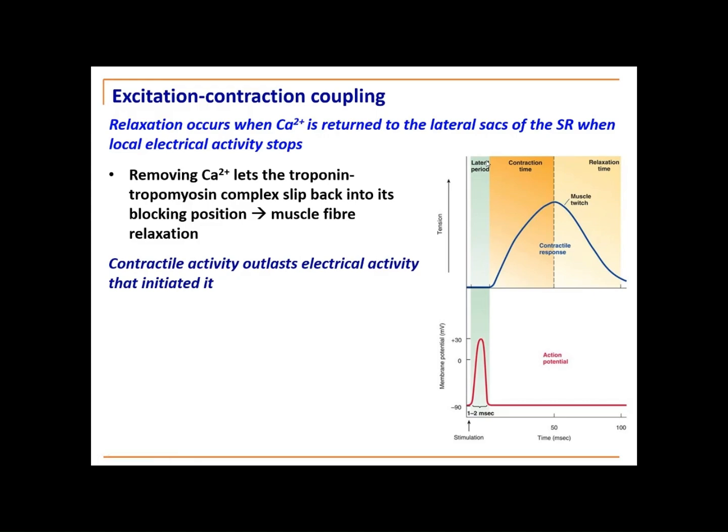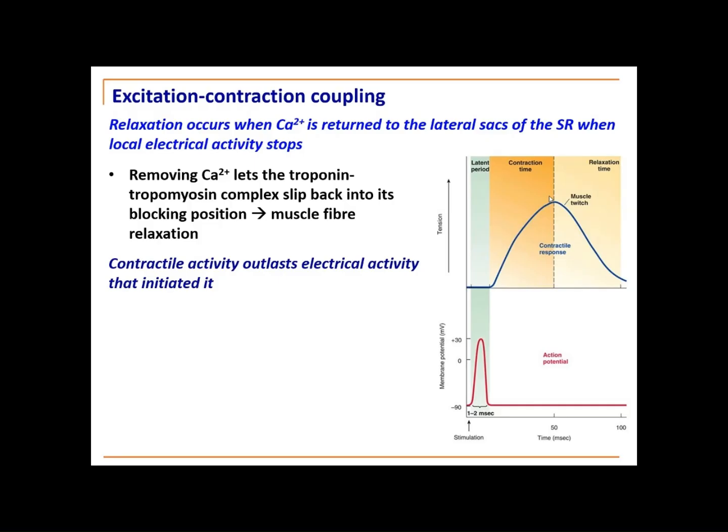The time to peak varies between muscle fibers, but averages around 50 milliseconds. Here you've got the contractile strength, the tension, and it tends to peak at about 50 milliseconds. And this is a muscle twitch. We're not going to go any further than this at this point. You can look at that later on yourself.